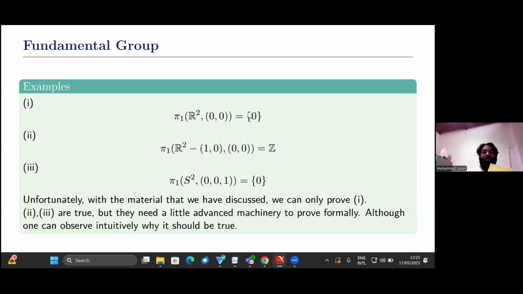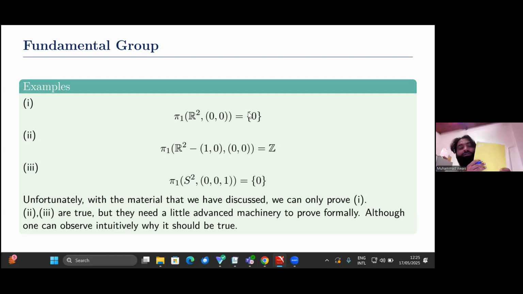So let's see, this is your plane, and this is your origin. Whatever loop you have, you can see there is no obstruction to shrink it.